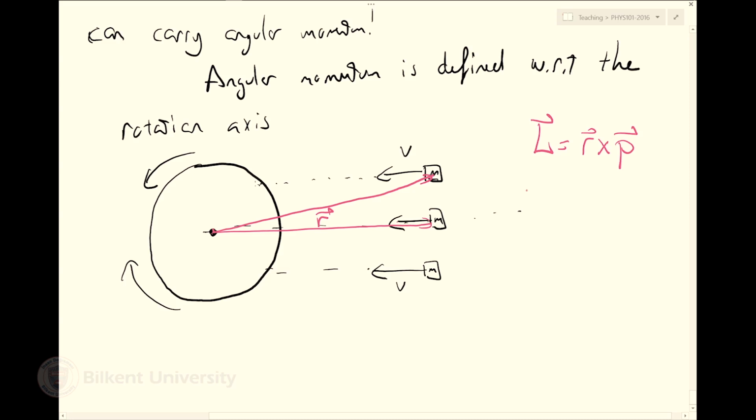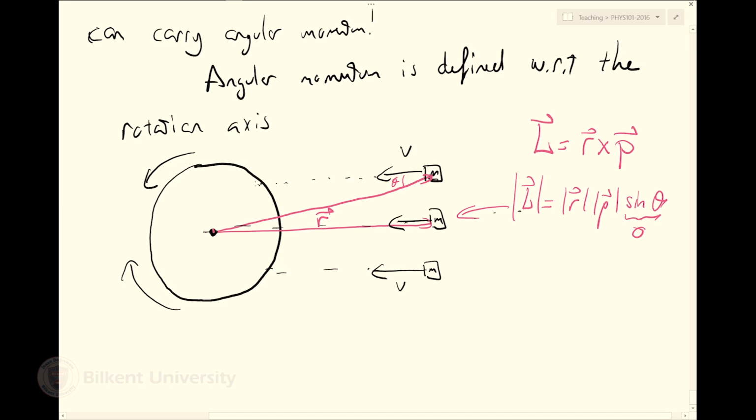You remember, cross product was magnitude of two vectors times sine of the angle between them. That's 0 in that case. So if I am on axis, I cannot impart any angular momentum. So it makes sense. If my angle theta here is larger, then I'll actually give more angular momentum, right?